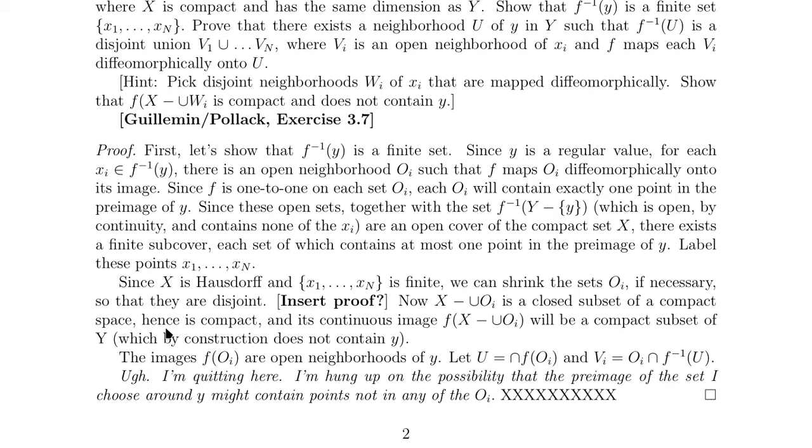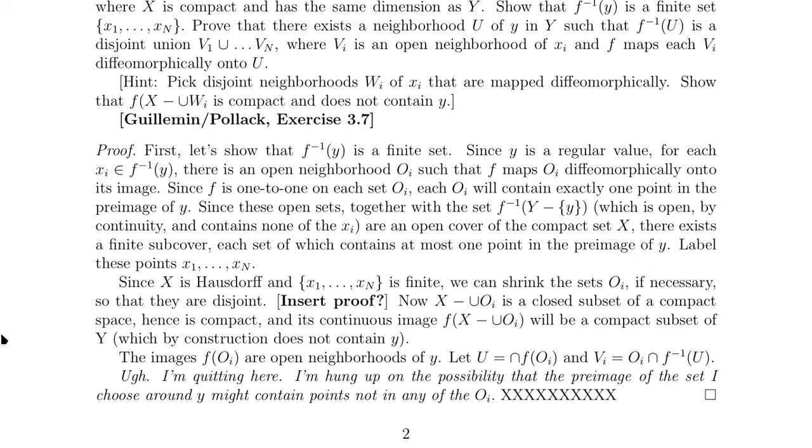So these open sets, together with the set f inverse of y minus the point, form an open cover of the compact set X, so there exists a finite subcover, each set of which contains at most one point in the pre-image of y.